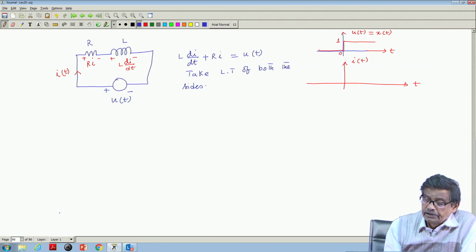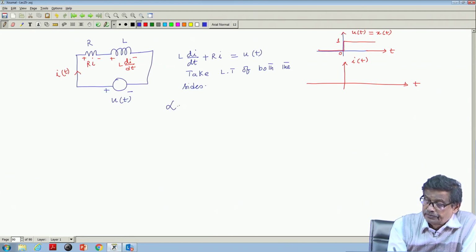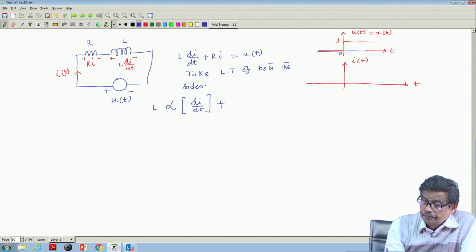If you take Laplace transform of both the sides, you will get Laplace transform of L di/dt, L can be taken outside, L being a constant, Laplace transform of di/dt plus R Laplace transform of this time domain variable i, which is still not known, and on the right hand side I will get Laplace transform of unit step u(t).